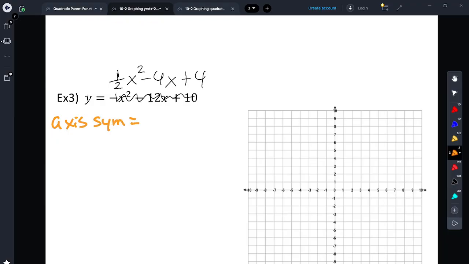Without my help, see if you can write the formula without looking at anything. Do you get negative b over 2a? I don't think that's given to you on a formula chart, so it's something you have to know. I might be wrong. All right, find the axis of symmetry, please.